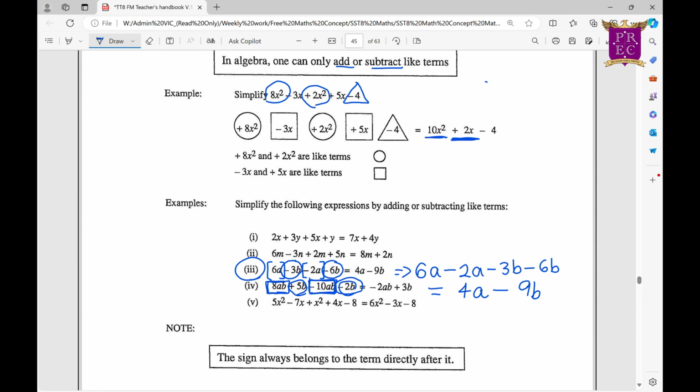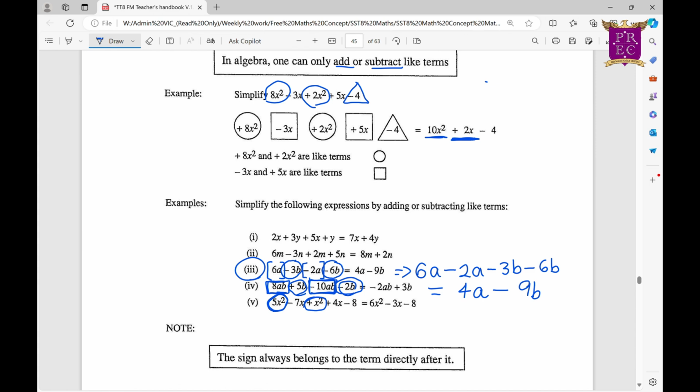And even in the final example, which includes x squared, again, 5x squared is one like term, and that's just pulled in with plus x squared, like so. So yeah, it's not all too complicated.